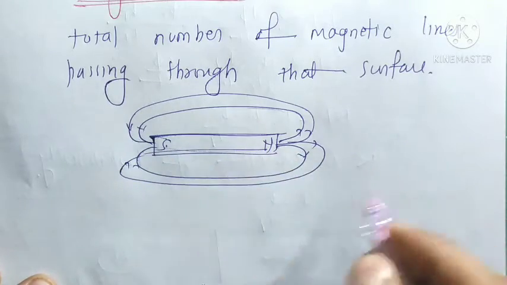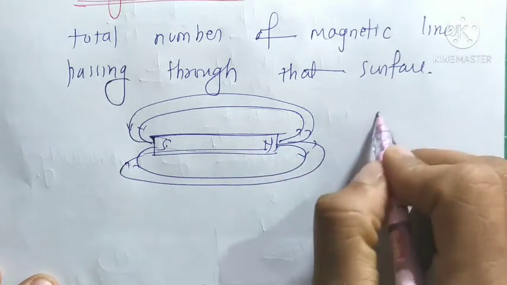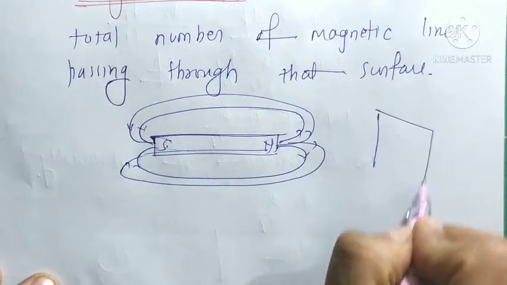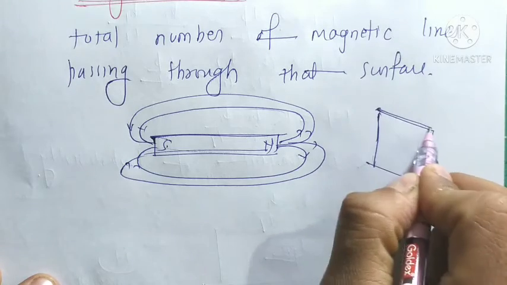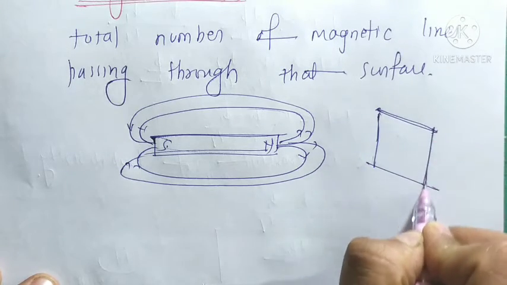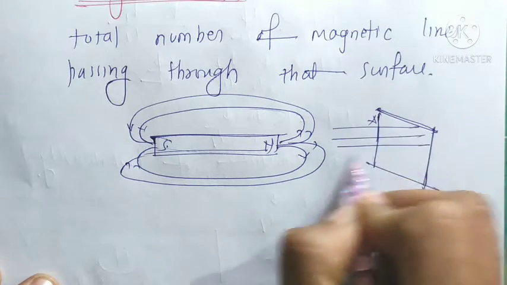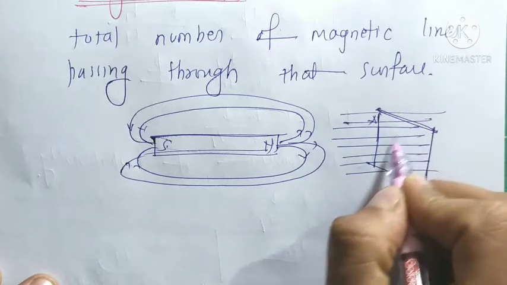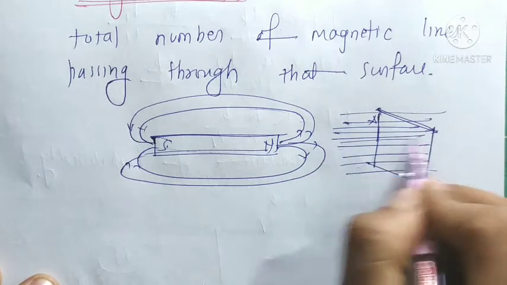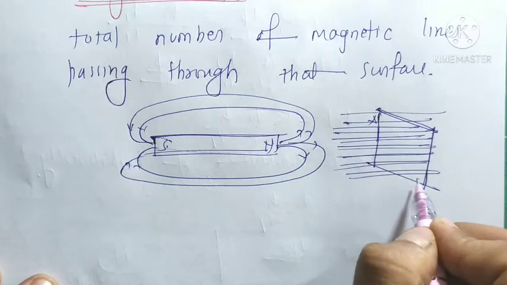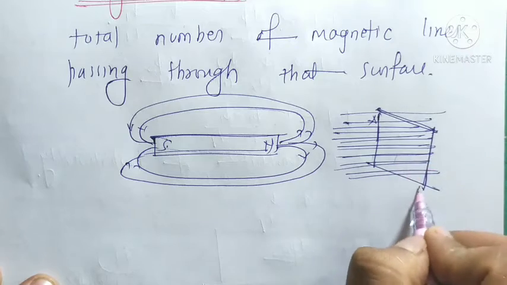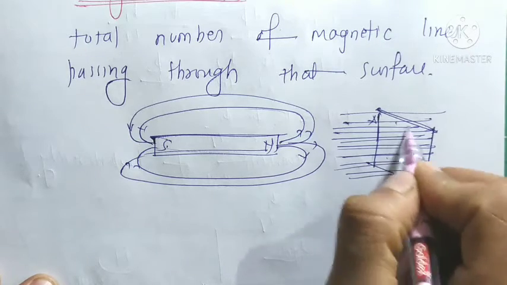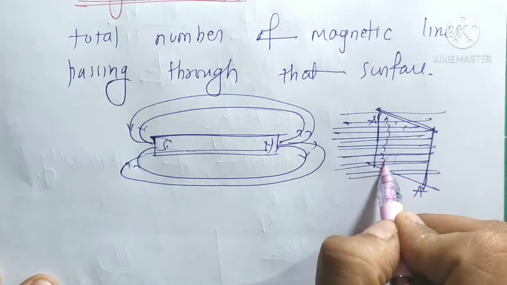Here these are the magnetic field lines, and we take any surface of area A. When the magnetic field lines pass through this surface at 90 degrees, these magnetic field lines are normal to the surface.